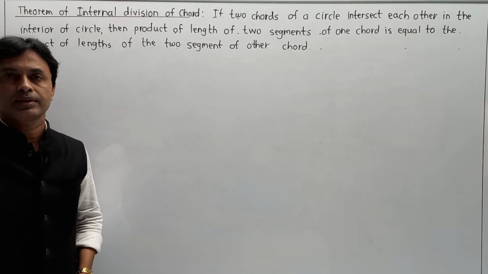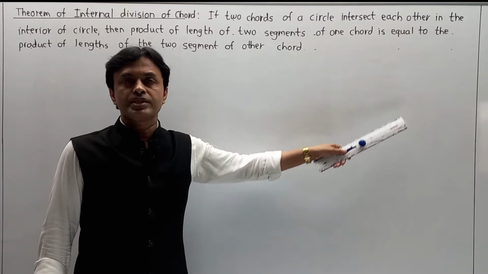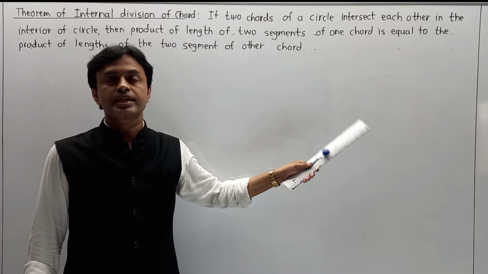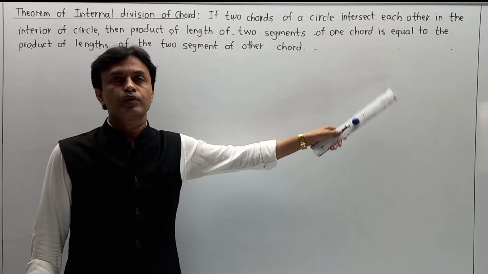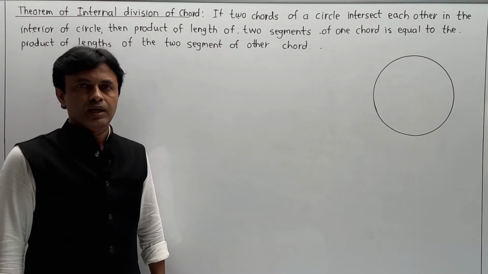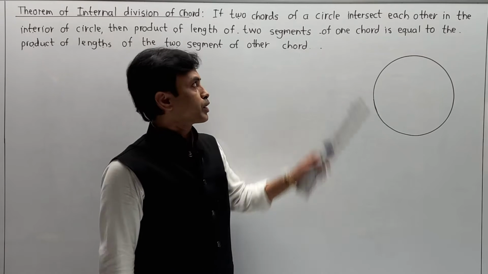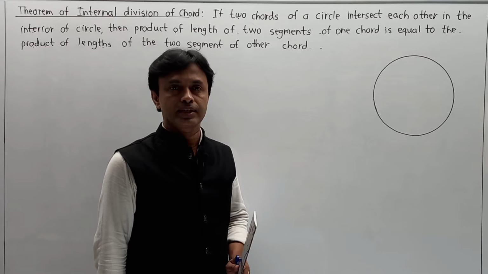This is the statement. Now here we are going to draw one circle and two chords which intersect inside the circle.